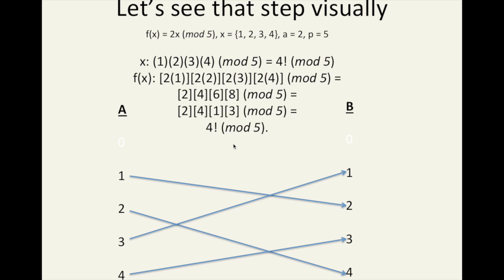So we'll see this a little more formally, but you can think about it that the only difference between multiplying all values of x and multiplying all values of f of x is simply that you're multiplying by a when you multiply by f of x. So since there's p minus 1 values of f of x, you're multiplying by a p minus 1 times, or a to the p minus 1.